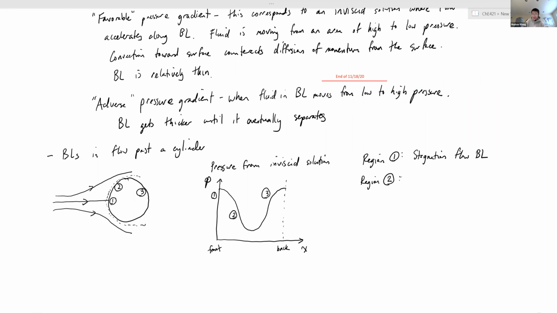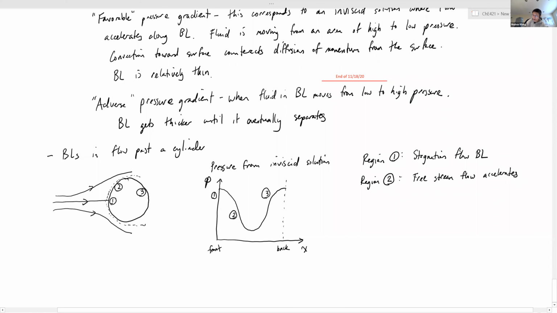Region number 2. In this region, we have pressure going down, right? We're going from an area of high pressure to an area of low pressure. Okay. And so what we have is that the free stream flow accelerates. Okay.